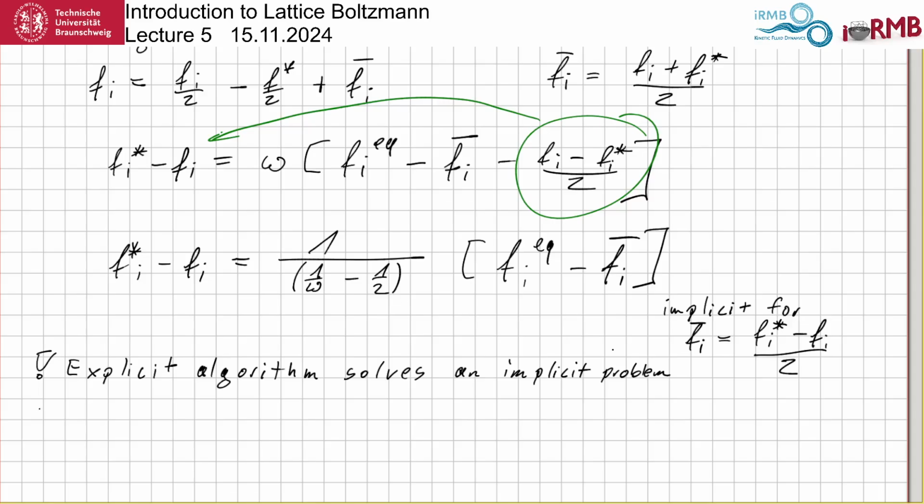Why is this interesting? If you are familiar with implicit methods, then you know they will always tell you that you should use implicit methods, because implicit methods have no stability constraints on the time step.